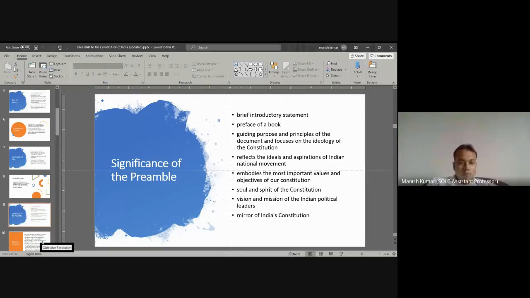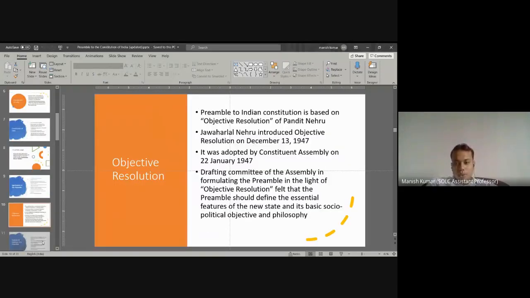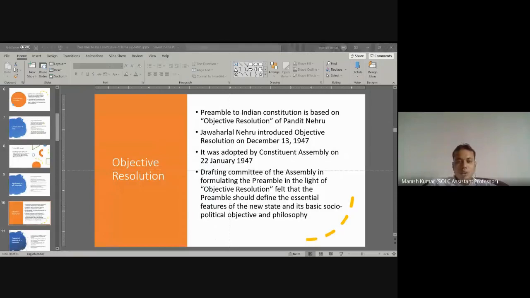Now we'll move on to the next. The preamble to the Indian Constitution is based on the Objective Resolution of Pandit Jawaharlal Nehru.